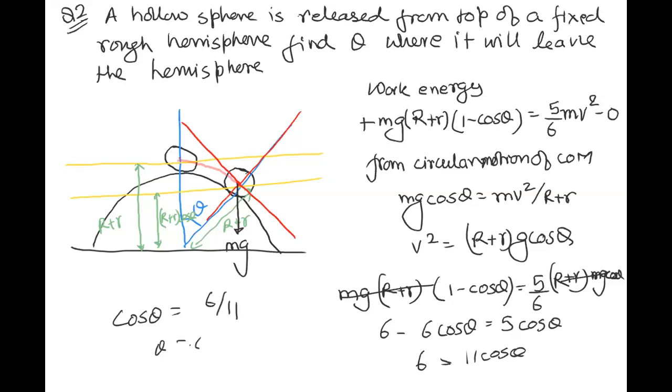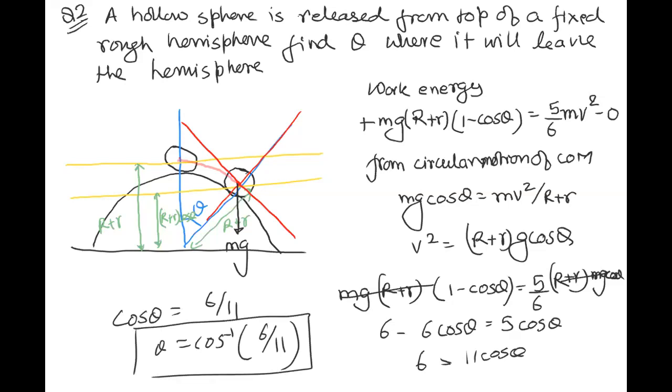Theta is equal to cosine inverse. Right, and you can repeat this for cylinder and ring and hollow, so it is done, solid sphere. Okay, next question.